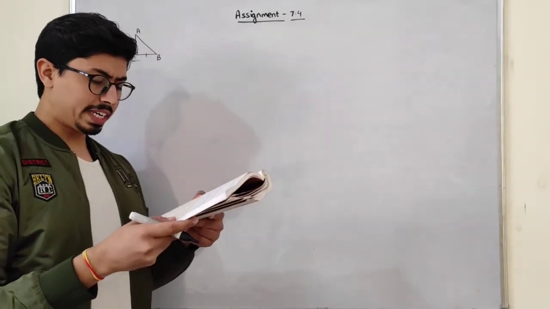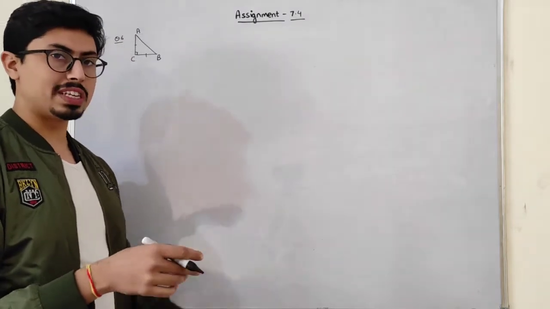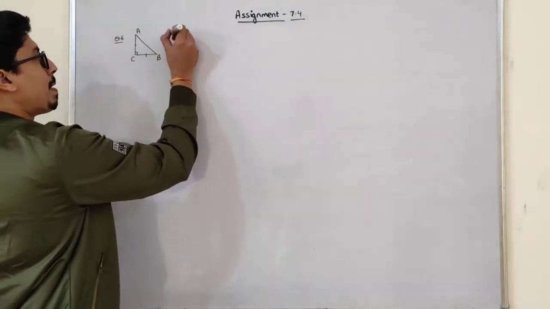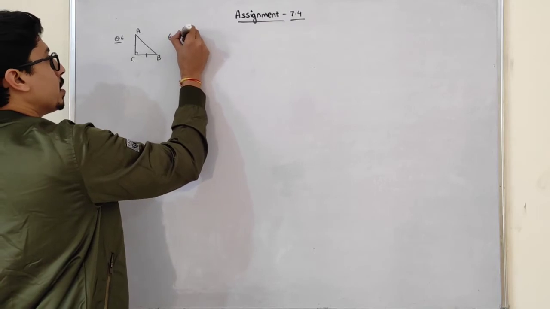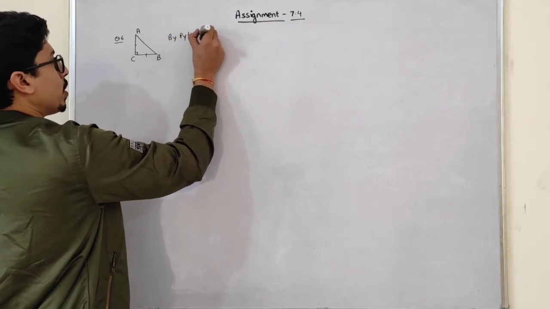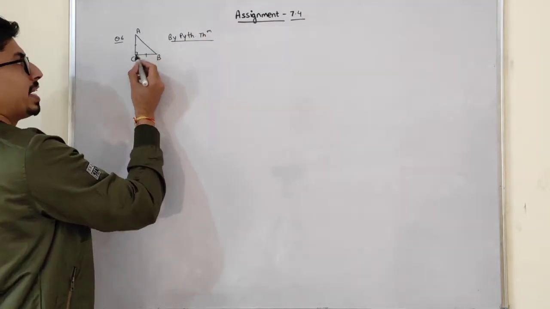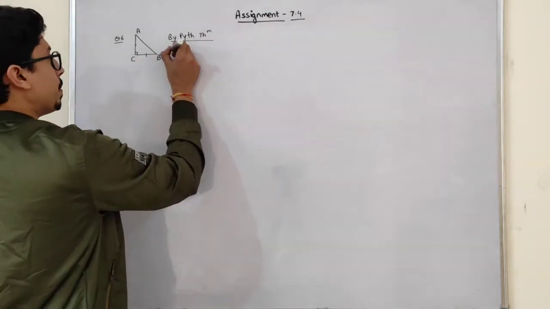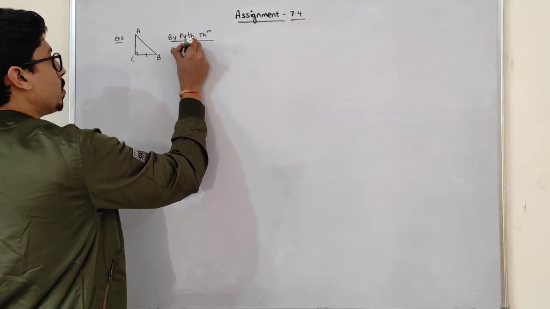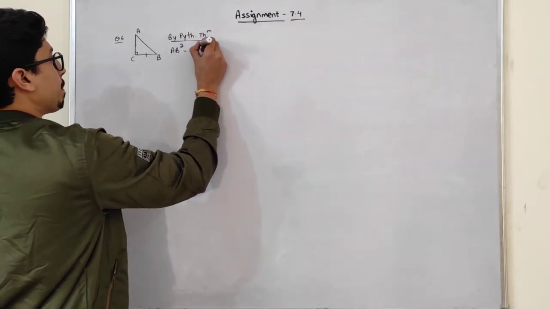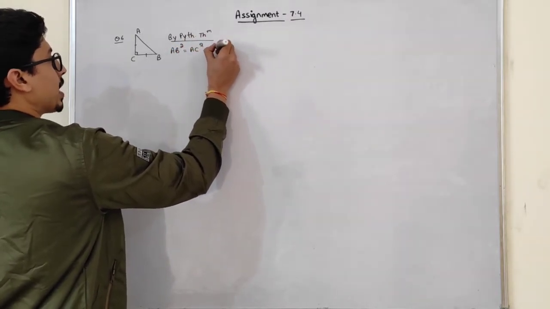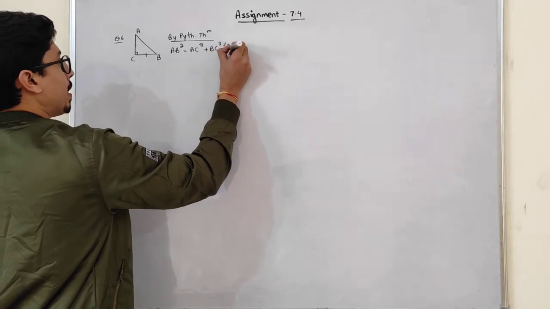So we have to prove that AB square is equals to twice of AC square. Okay. Students, by Pythagoras theorem, we can say that, see, side opposite to the right angle is hypotenuse. So AB square is equals to AC square plus BC square. I can say this by Pythagoras theorem.